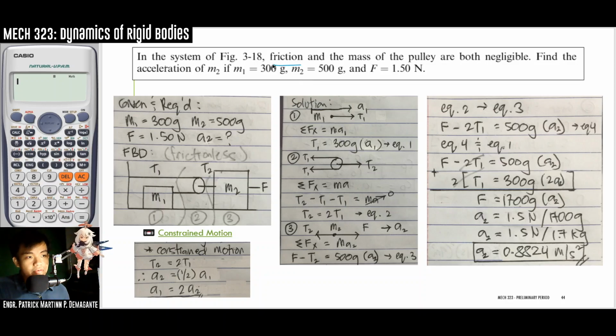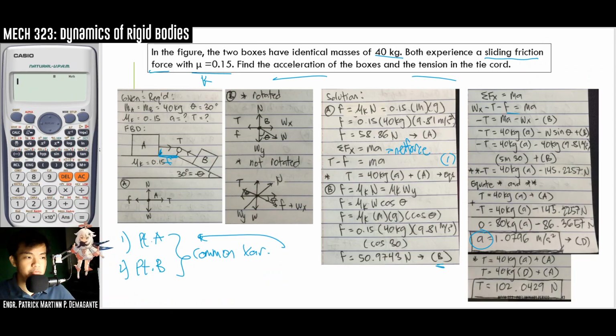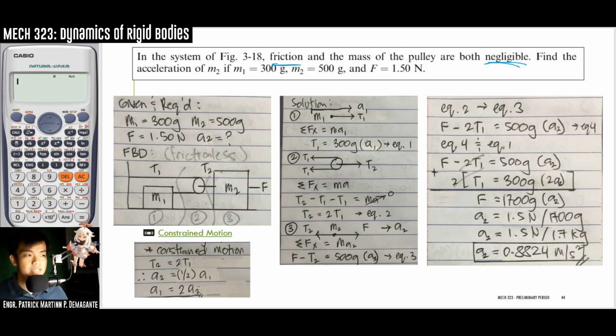Friction is negligible. Kung hindi, kukumputin pa natin si friction. And paano natin siya kukumputin? Same kung paano tayo nag-compute dito. So, mahalaga si F is equal to mu n. Kukunin natin yan. Pero dito, negligible daw siya. So, medyo napagaan buhay natin.